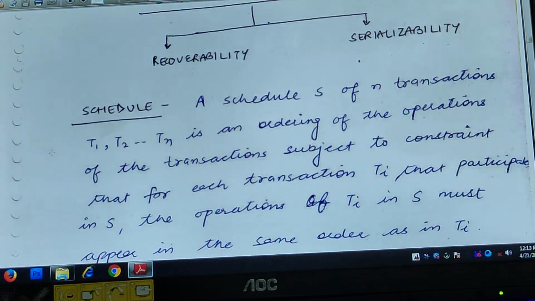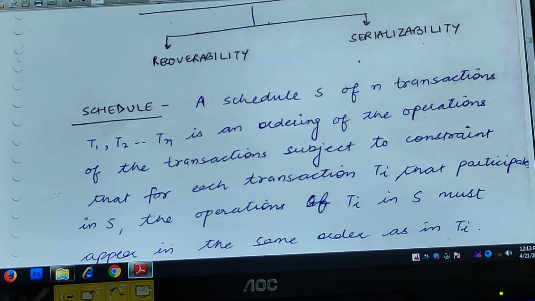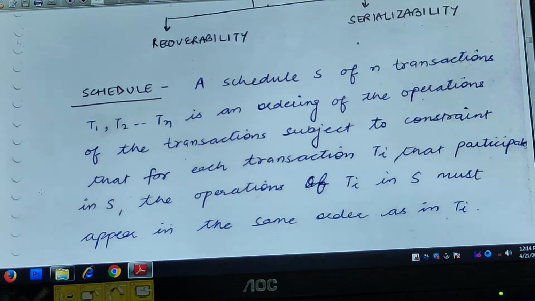Those rectangular boxes are basically the schedule where we are executing a certain set of transactions. So a schedule S of n transactions T1, T2 to Tn is an ordering of the operations of the transactions, subject to the constraint that for each transaction participating in that schedule, the sequence of operations of Ti in S must appear in the same order as in Ti.